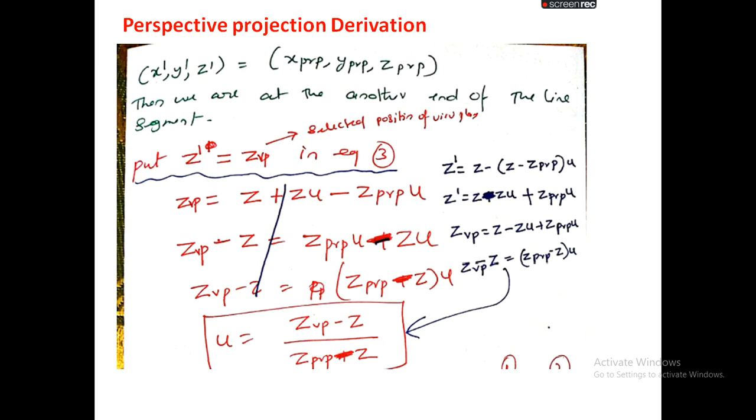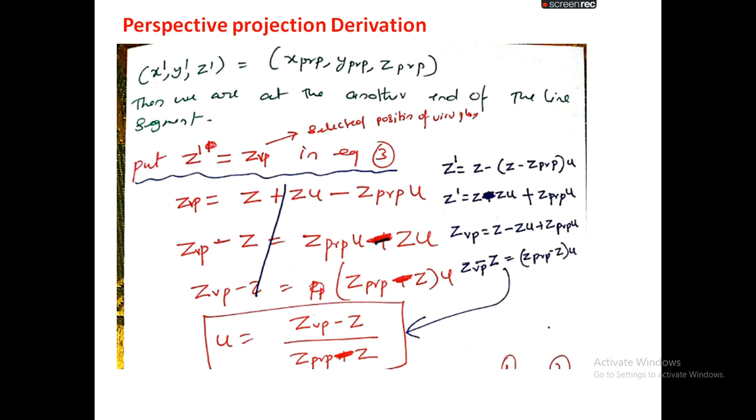Then in the view plane, we need to select the intersecting point of the point P, which will give us our P dash value.